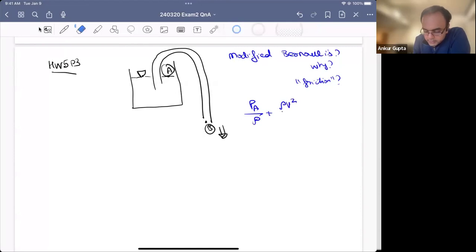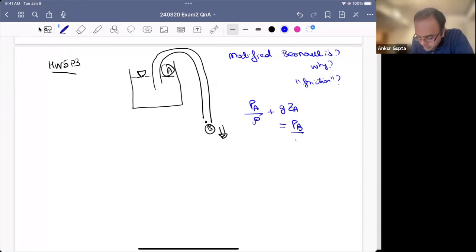There is no velocity at point A, plus rho g z of A. When you divide by the density, you get this formula, and then you will have PB by rho plus g zB plus V squared by 2, and this is the usual Bernoulli's.